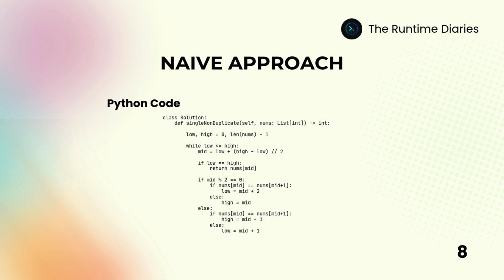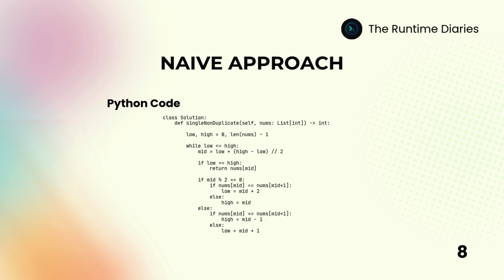Here's the first working version. I'm using standard binary search with two branches, one for even mid and one for odd. It works fine and runs in O(log n) time, but it duplicates logic and is a bit clunky to read.